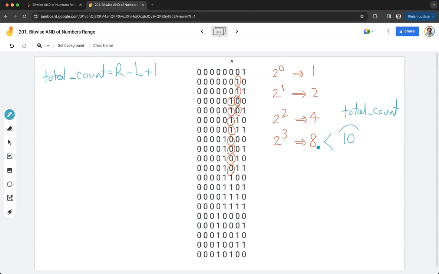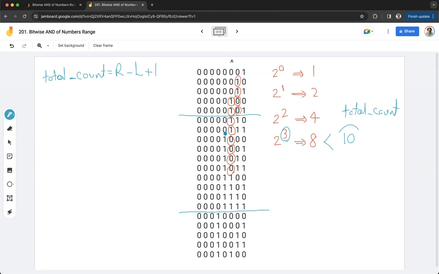That means in this range, from left to right, you will definitely have at least one 0 for bit 3. So for bit 3, for example, it goes from here all the way to here, and you will have one 0 here.